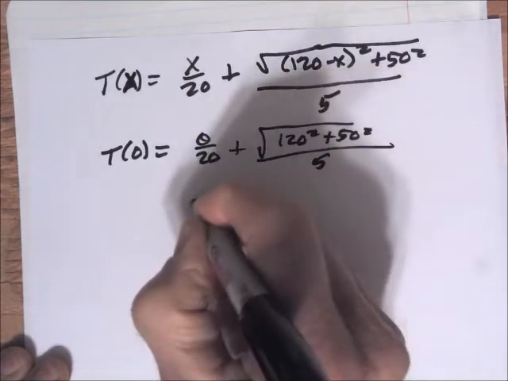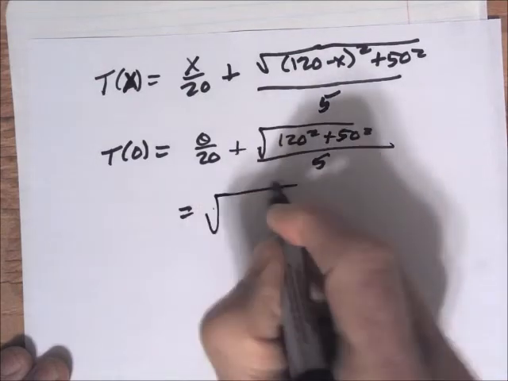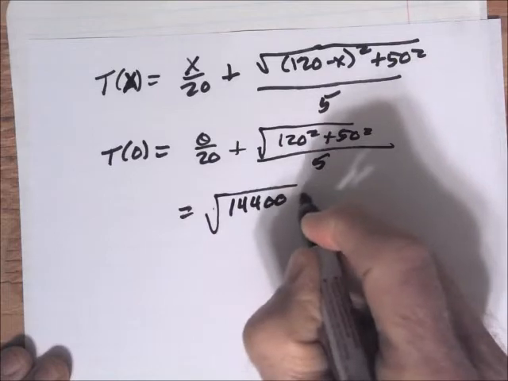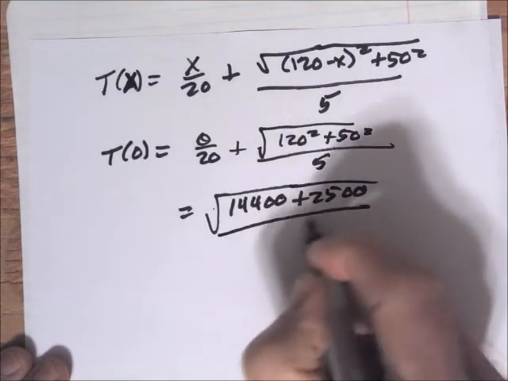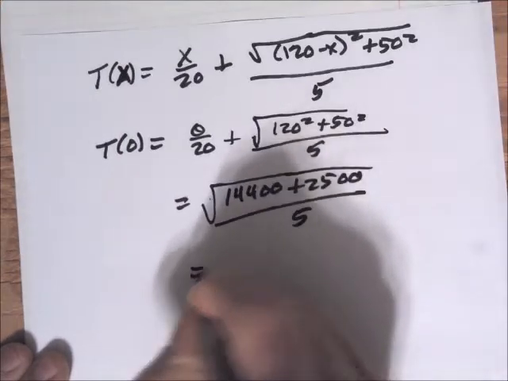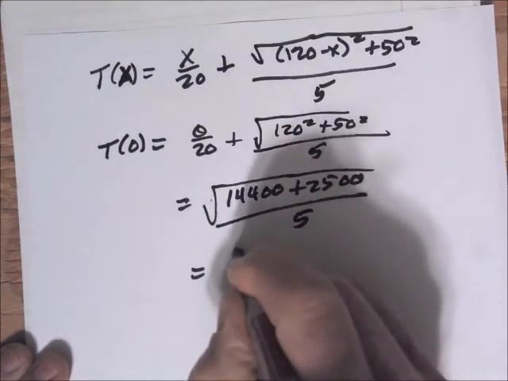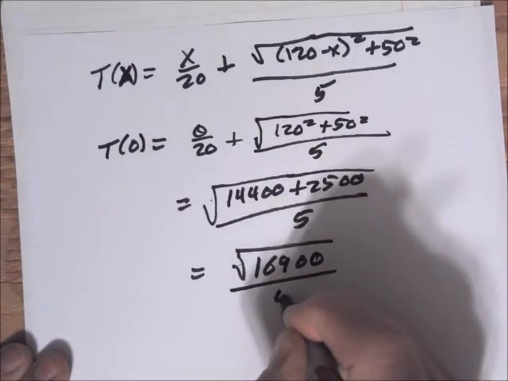So this is going to be square root of 12 squared is 144, and then we have two zeros. 5 squared is 25, and we have two zeros. This will be square root of 169.00 over 5.